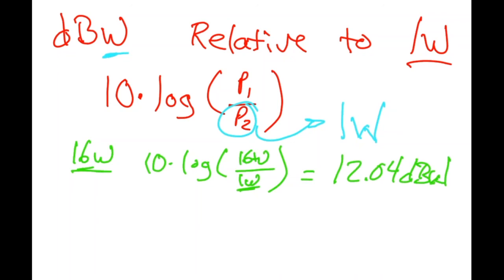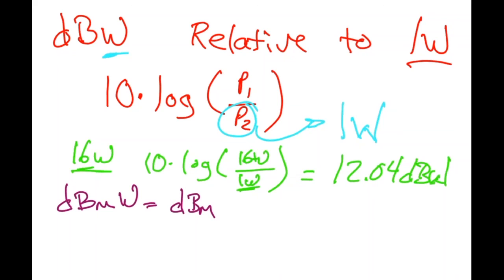The next one we have is extremely similar, which is computing those in dBm instead of dBW. Now, dBm is just shorthand for dB milliwatts, dBmW. Nobody tends to write the W, so we just write it as dBm.